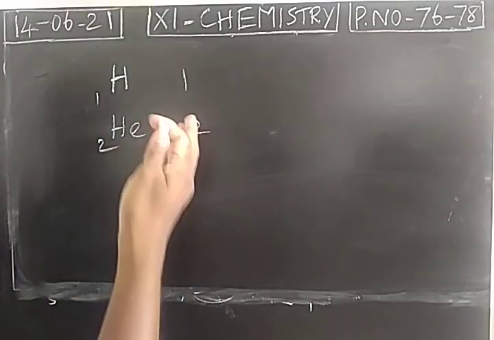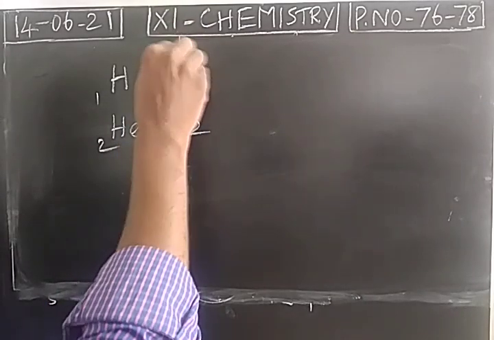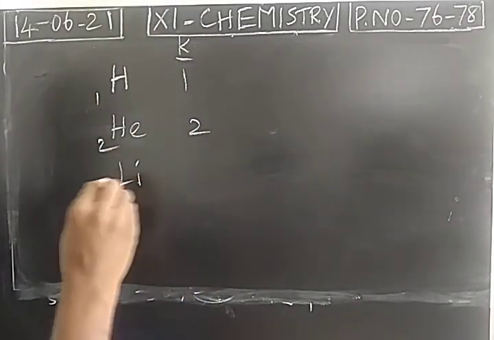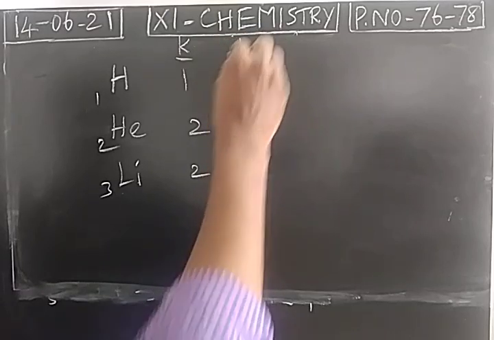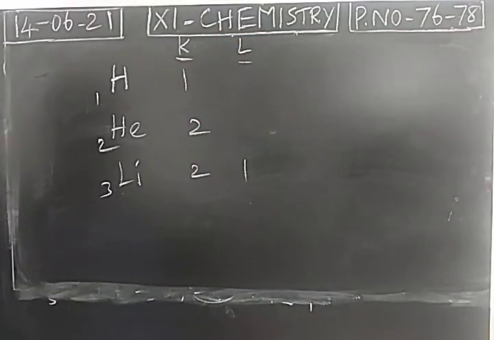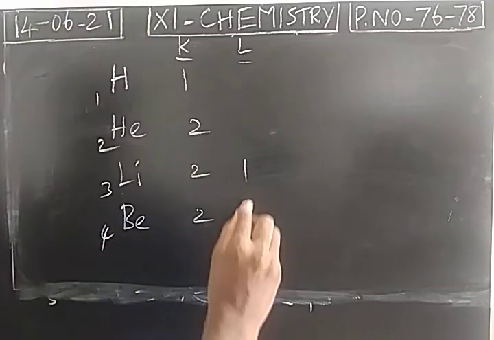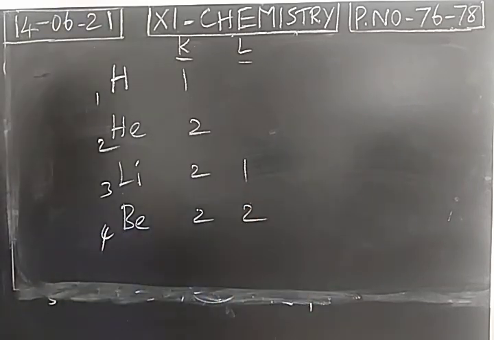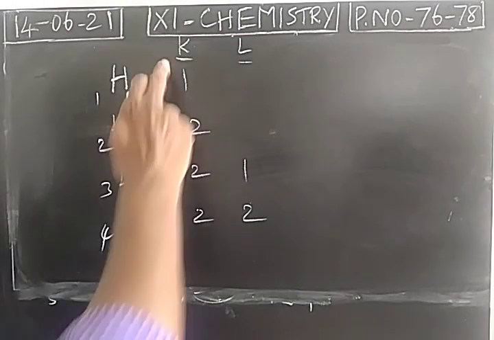That means these electrons are placed in the first shell, that means the K shell. Then for lithium with atomic number 3, you have written it as 2, 1. One electron is placed in the second shell, called the L shell. For beryllium, the electronic configuration is written as 2, 2. So while placing the electrons in atoms, you have already considered only shells.